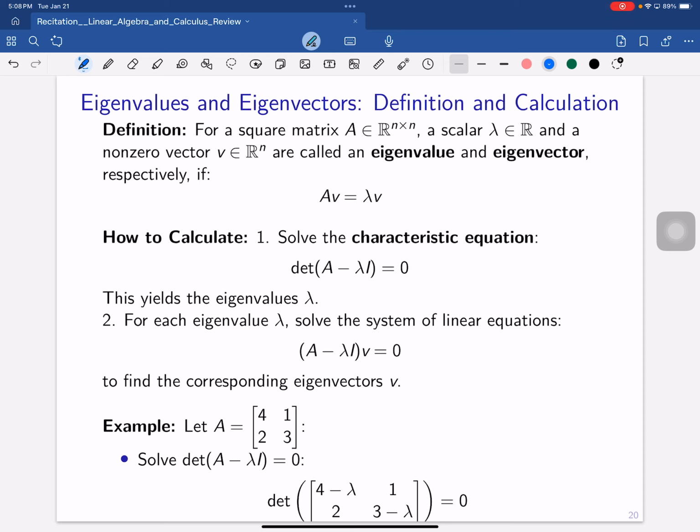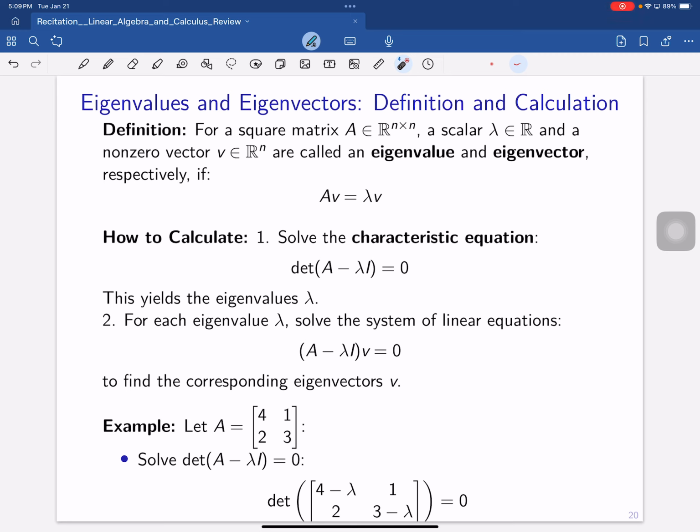I will talk briefly about eigenvalues and eigenvectors. Right? So usually when we define eigenvalue and eigenvector, it is for a square matrix. A is an n by n matrix, and if there exists a scalar lambda and a non-zero vector v such that Av equals lambda v, then v is called the eigenvector, lambda is called the eigenvalue, right?